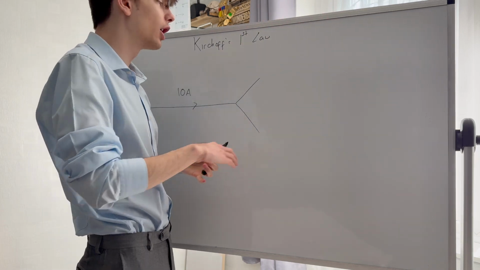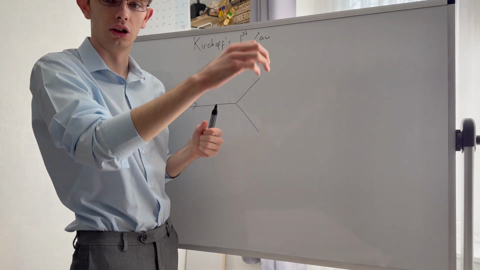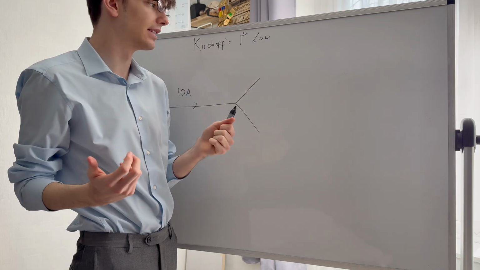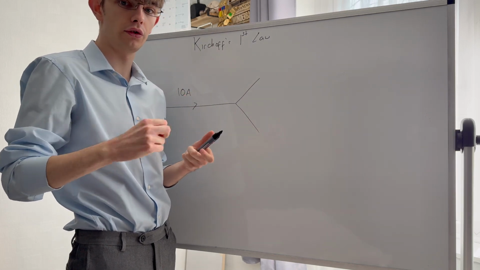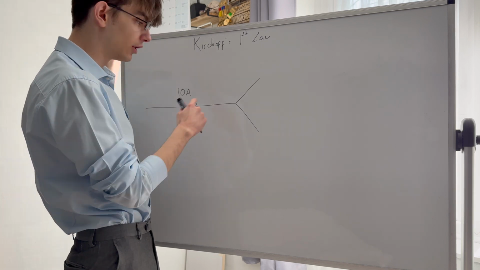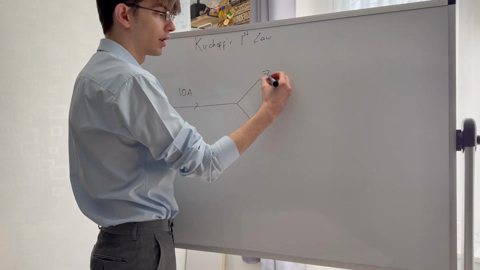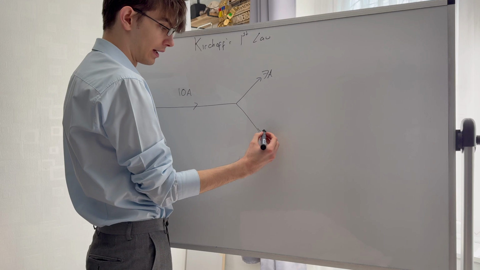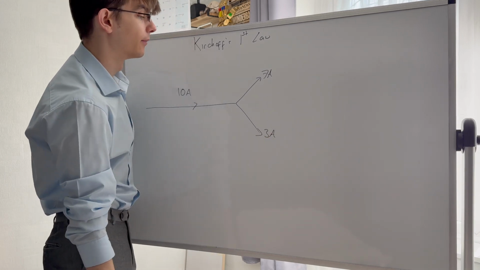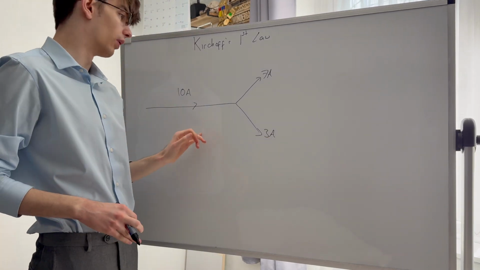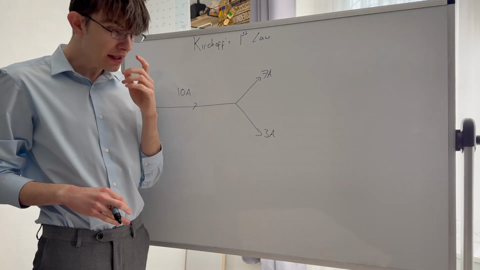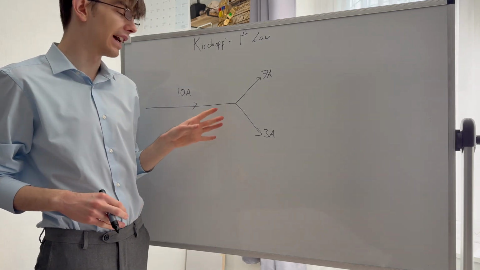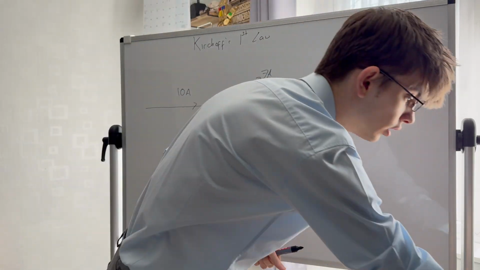If there's a wire with a lot more stuff happening, a lot more lamps and resistors and things like that, it's probably going to take a bit more of the current. So we don't really know the exact makeup, but what we do know is that it will always add to 10. So 7 plus 3 will add up to 10. And this applies no matter how complicated the junction looks.